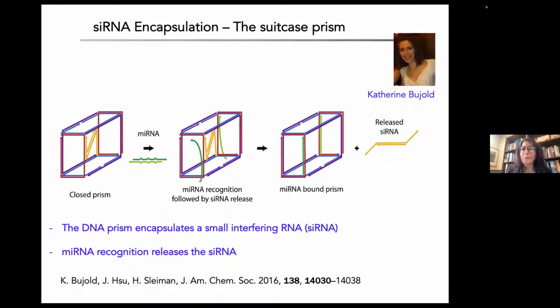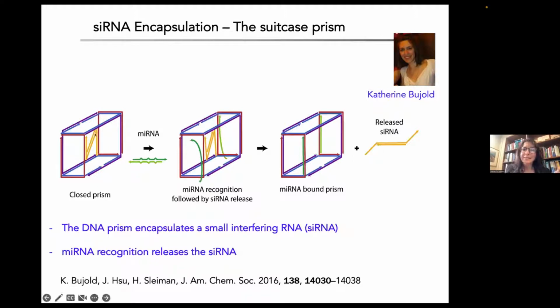And in a second step, what Catherine did is she designed what she called a suitcase prism. So it's like a suitcase, and on the inside, it is carrying a gene silencing strand, so an siRNA strand that is sitting on the inside, and the cage is completely inactive in cells that don't have the trigger.